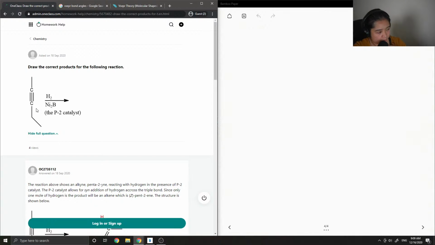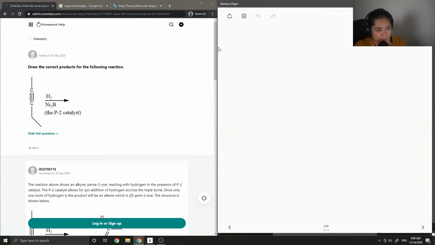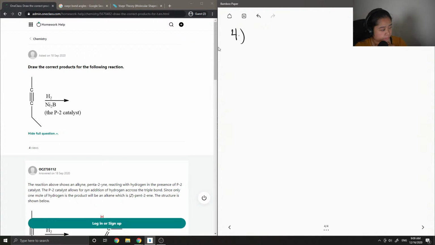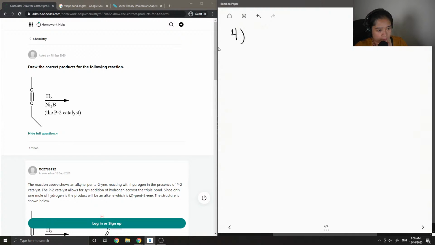Okay, so now moving on to question number 4. Draw the correct products for the following reaction. So we have this triple bonded carbon functionality.